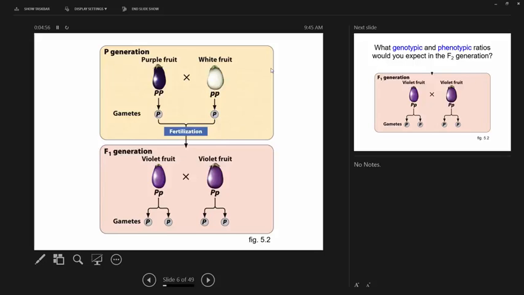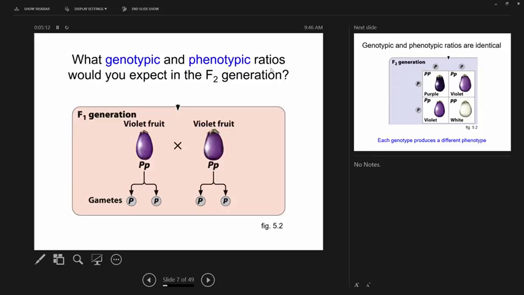With incomplete dominance in this way, you're actually going to see when you do the cross that, because you can tell the phenotype of the heterozygote from each of the homozygotes, your 1 to 2 to 1 genotype ratio is going to be the same as the phenotype ratio.